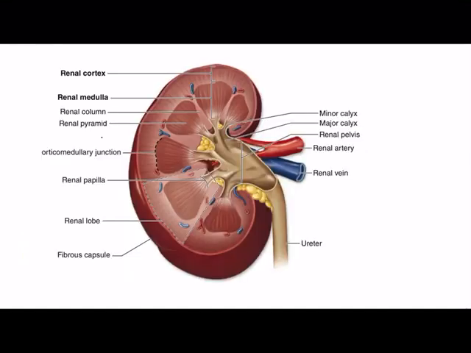So here is an illustration of your kidney where you can see the renal cortex, your renal medulla, and each of your renal papilla. You have your minor and major calyx, your renal pelvis, your renal artery, and your renal vein.